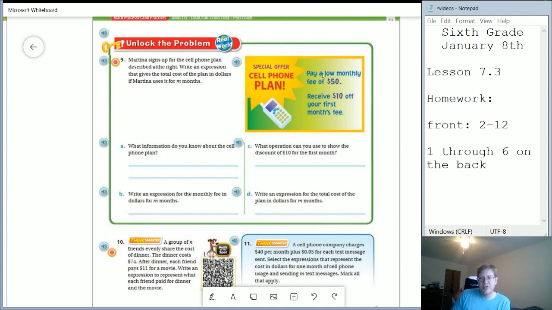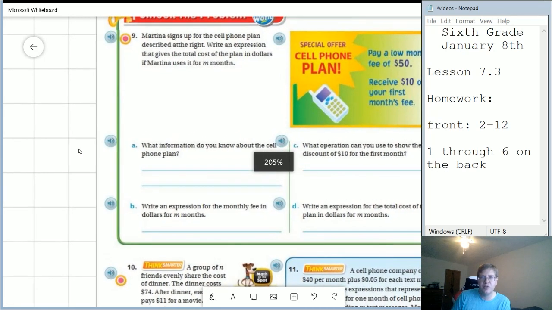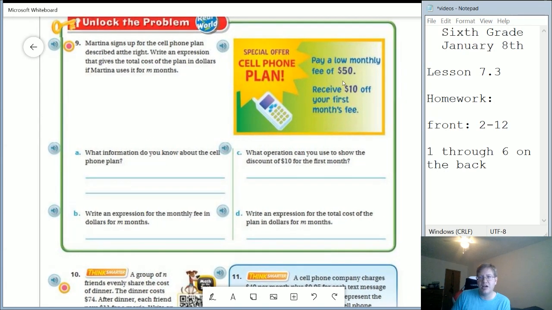Okay, so you've had a chance to look at that. Hopefully we can see this is going to be the monthly rate, except for the first month, which is going to be $10 off. So we are going to be able to say that we know the cost for each month, and we know what the cost of the first month would be, and that it would be different.